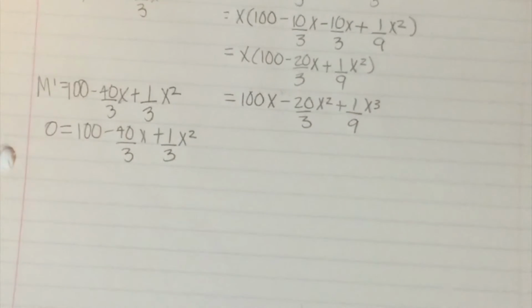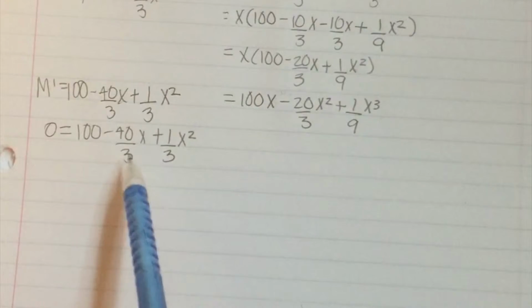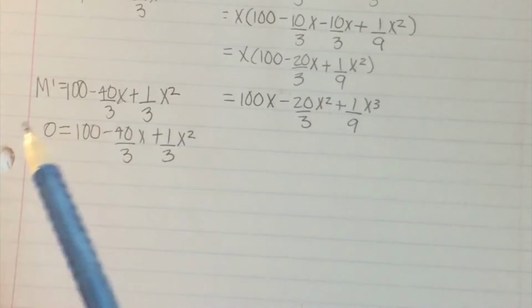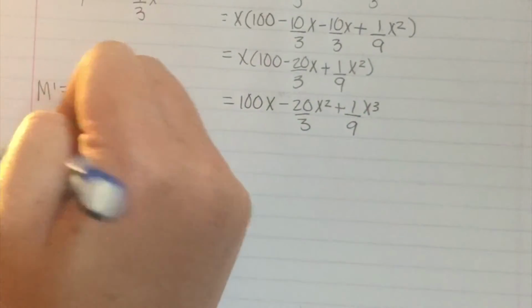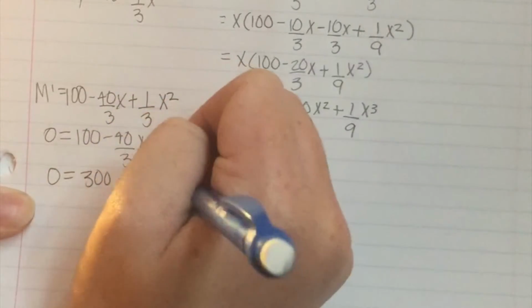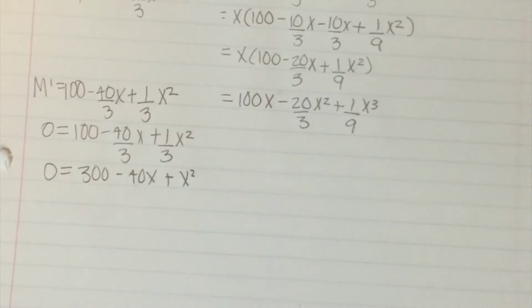Now that our function is equal to 0, we're going to multiply the entire thing by 3. The reason we're going to do this is to get rid of these fractions so that we don't have to deal with fractions as we're trying to factor this equation. So whenever we multiply everything by 3, we're going to get 300 minus 40x plus x squared. This function is a lot easier for us to factor.